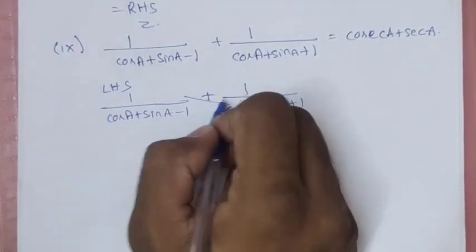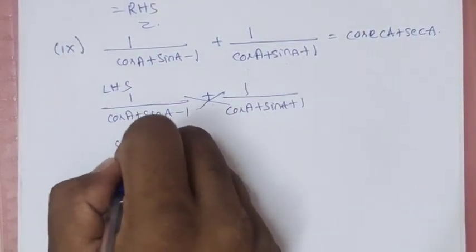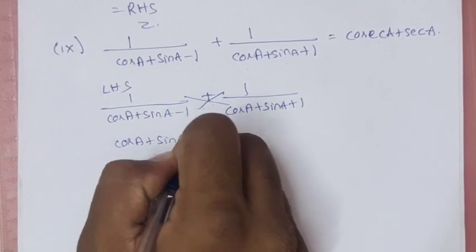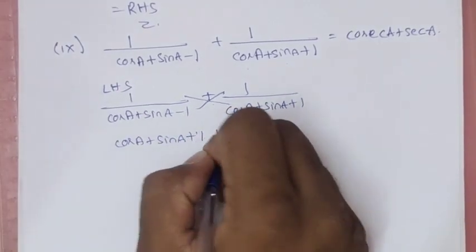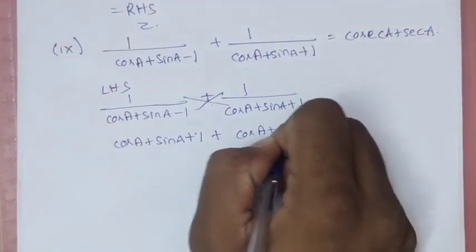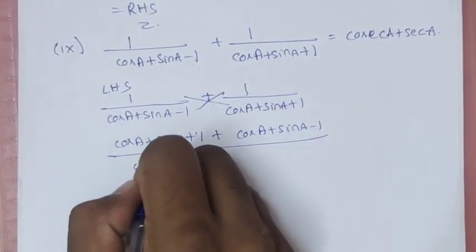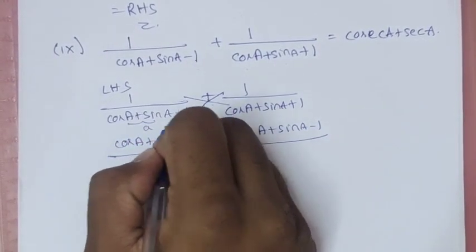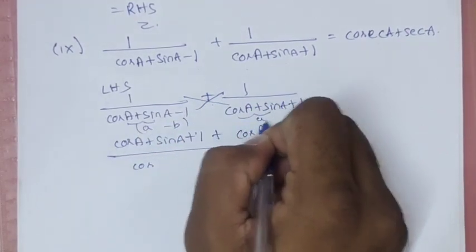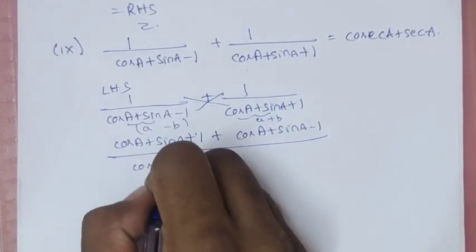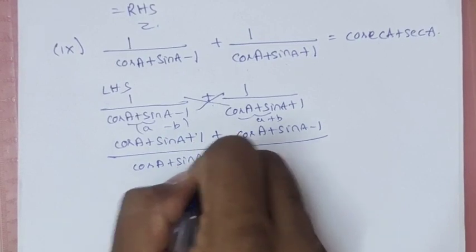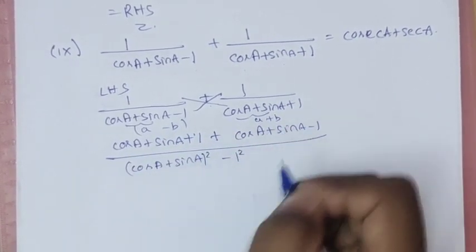So cross multiplication: cos a plus sin a plus 1 plus cos a plus sin a minus 1, whole divided by, so this is in the form of (a minus b) into (a plus b), that can be written as (cos a plus sin a) whole square minus 1 square.